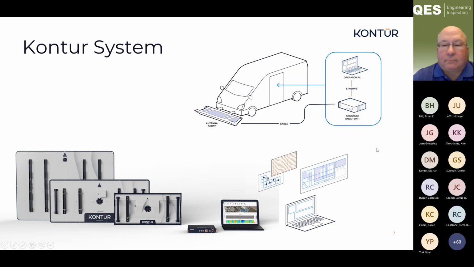Very quickly, in the illustration in the upper right-hand corner, typically that 3D GPR antenna is mounted to the front of the vehicle. Although you did see some pictures of other methods of mounting. There are 3 antennas in the lower left-hand portion of this slide. The one that's in the forefront is the air-coupled antenna, which we will spend our time on.